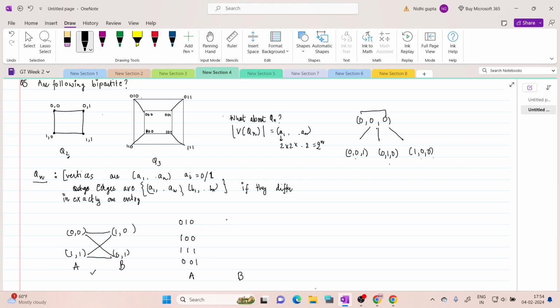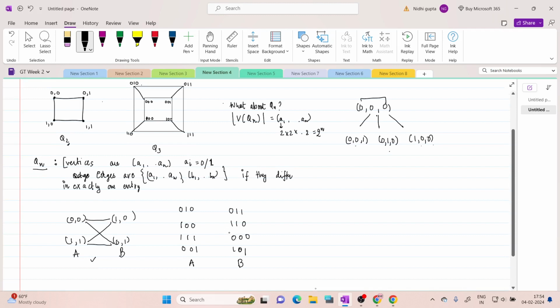I'll write the other ones also. So he has given me these as bipartitions. Do you think he is correct? First tell me, can there be an edge between 0 1 0 and 1 0 0?